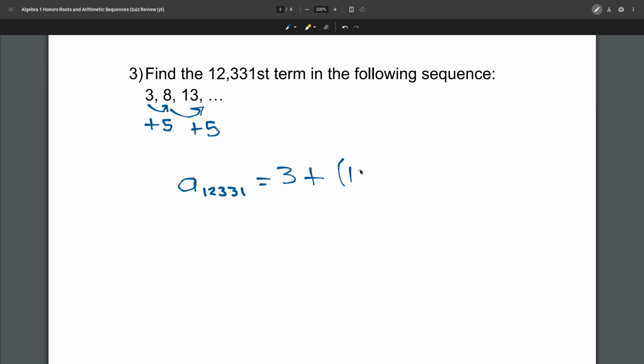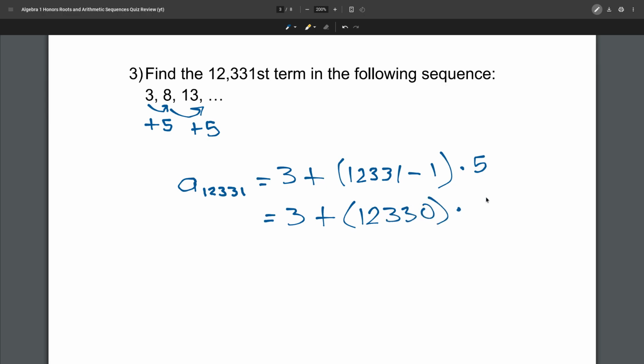So I have 12,331 minus 1 times 5. So that's going to equal 3 plus 12,330 times 5. So I'm going to get my calculator and do this one out.